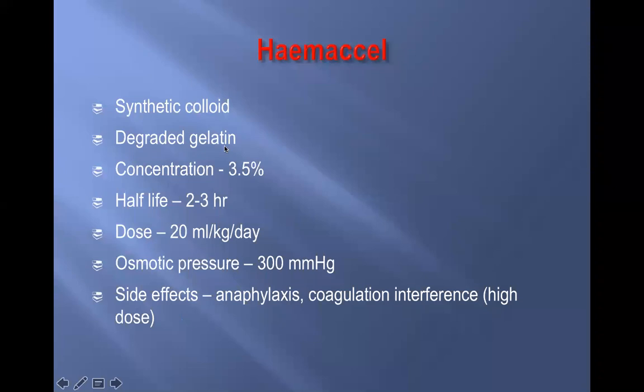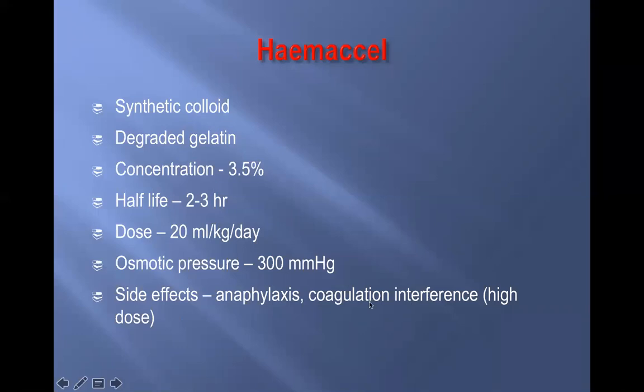Hemasil is a synthetic colloid composed of degraded gelatin, concentration 3.5%, half-life 2 to 3 hours, dose 20 ml per kg per day, producing osmotic pressure of about 300 millimeter mercury. Side effects: anaphylaxis, and coagulation interference with a high dose.